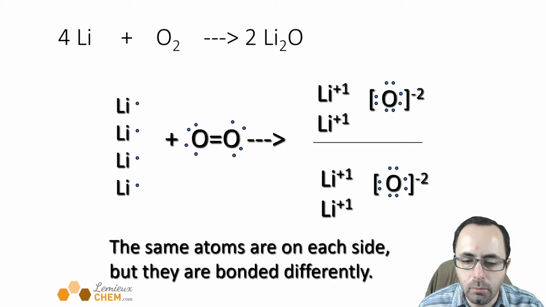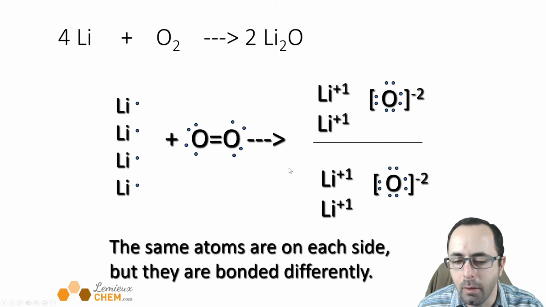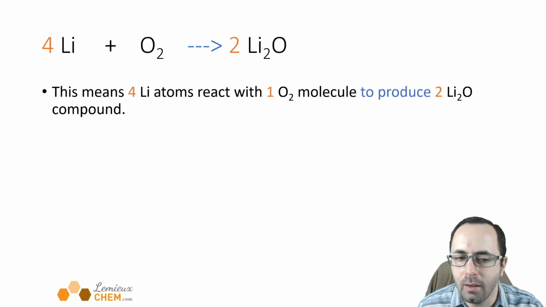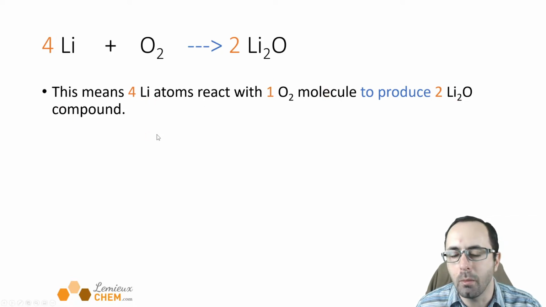Again, the way we knew to balance these is that we have the same atoms on each side; they're just bonded differently. The way we translated it last week is that 4 lithium atoms react with 1 oxygen molecule to produce 2 formula units of lithium oxide.